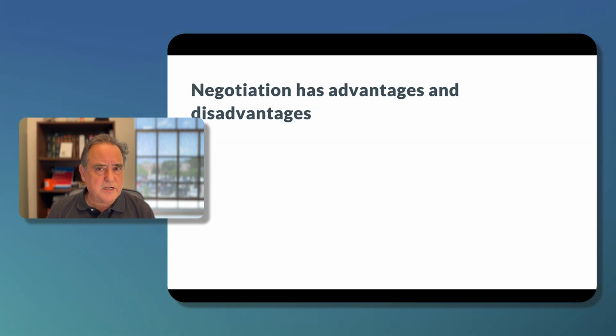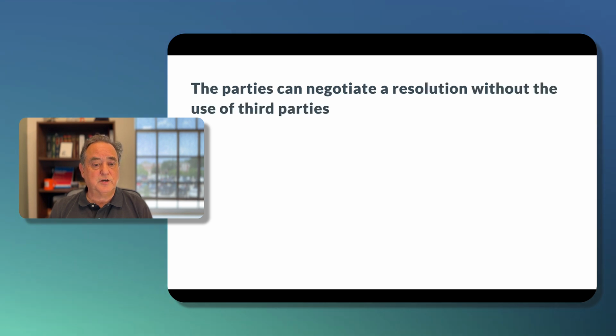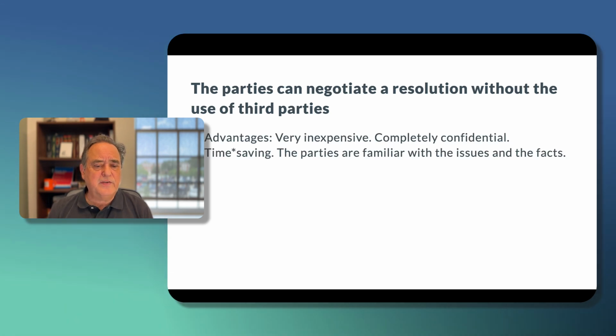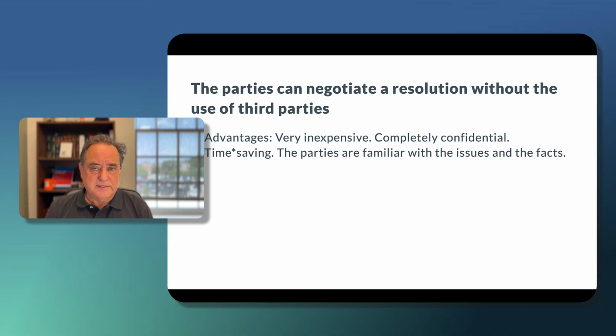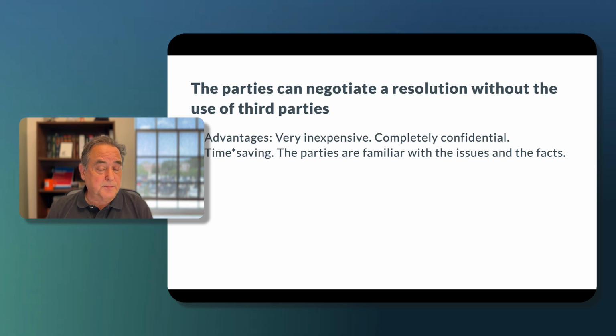Now, negotiation has advantages and disadvantages. The first being the parties can negotiate a resolution without the use of any third parties. And the advantages are plentiful, starting with the fact that it's very inexpensive. It's picking up the phone. It's sending an email, sending a text. It's completely confidential.